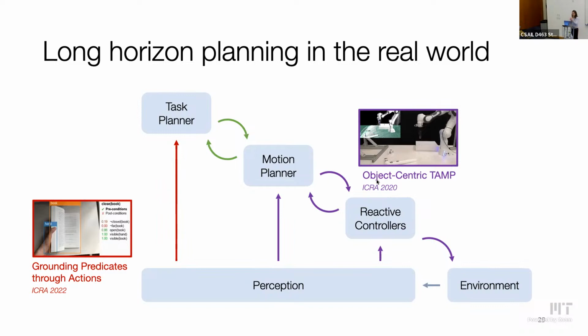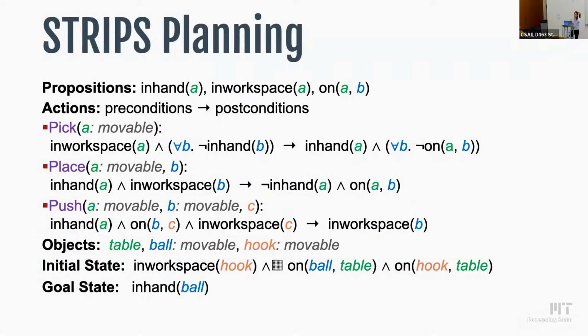Okay, so instead of actually doing the engineering work and putting this together, we were thinking, all of this is really nice, but what we still have to do is write down all this PDDL domain, like here, for example, for this hook environment.